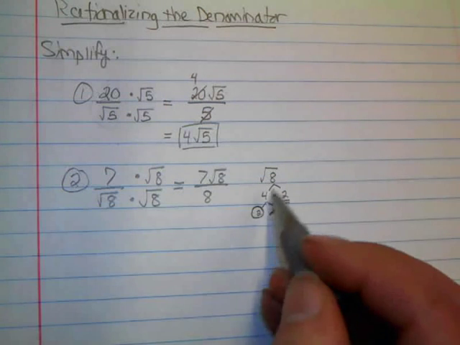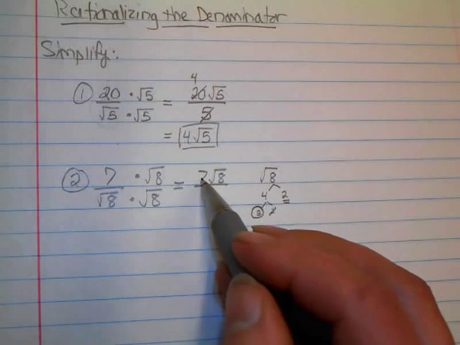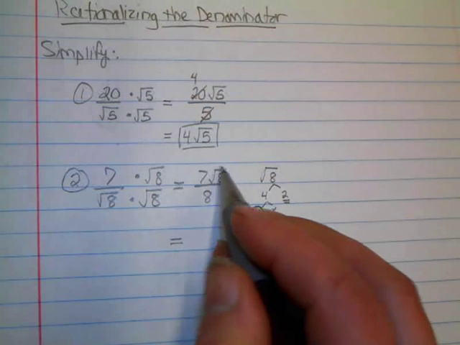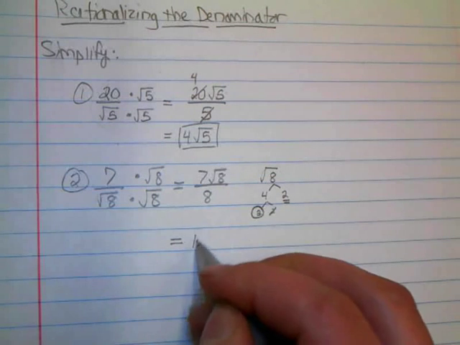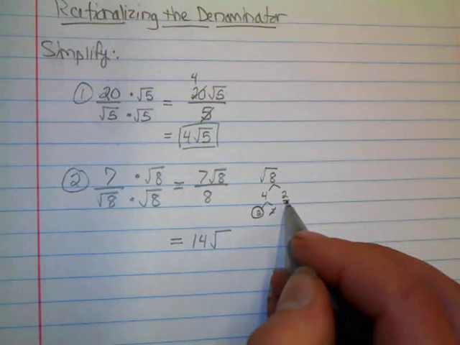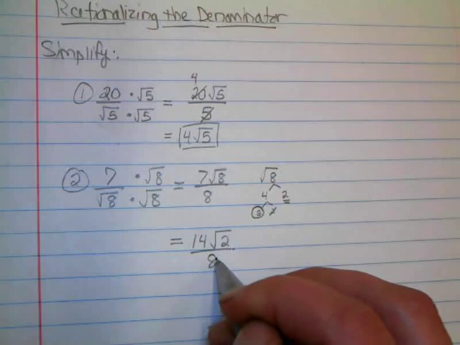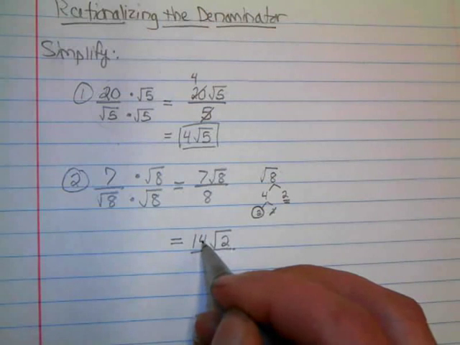Now when this 2 comes out over here, and when I rewrite the square root of 8 as 2 times the square root of 2, the 2 that came out will have to multiply by the 7 that's already out there. So I can rewrite 7 radical 8 as 7 times 2, which is 14, times the square root of this 2 that stayed under, all over 8.